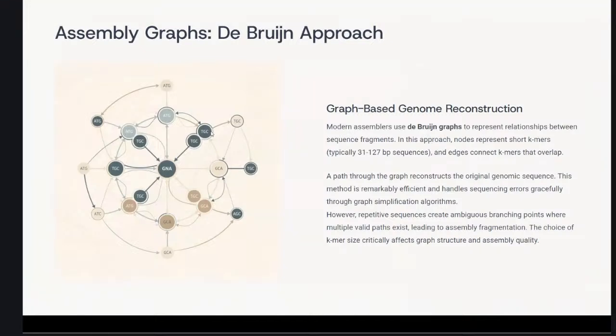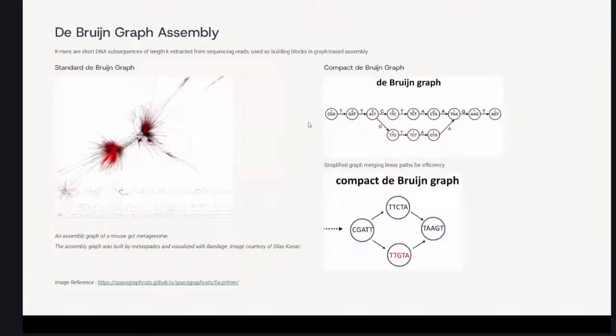So there are linear paths, which I already explained to you, what a path is, and then there are tangles and knots. Where multiple branches are present, you can consider that as a knot or tangle. In this picture, you can see a single branch, but there can be multiple branches.